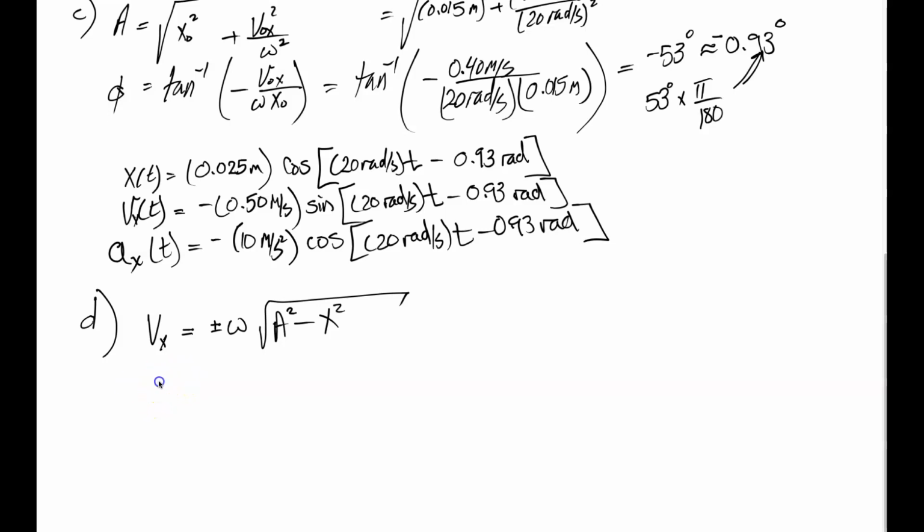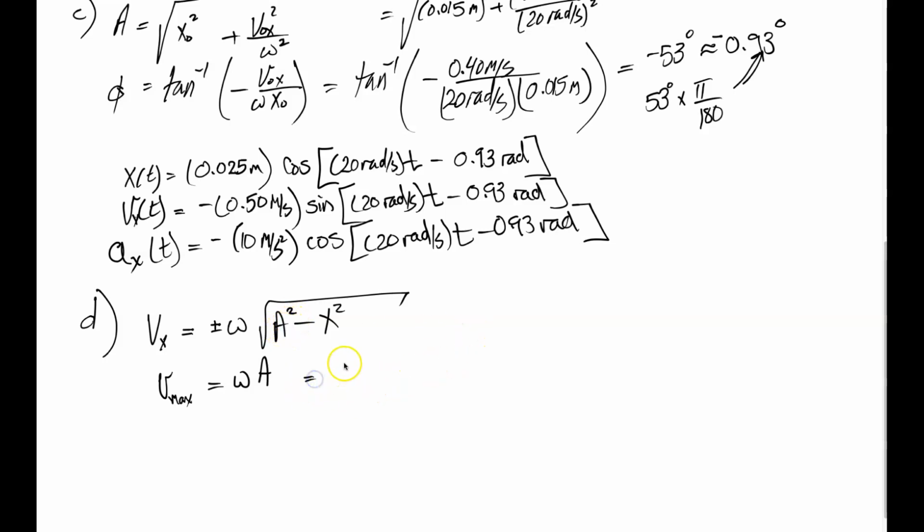And notice that if I want the maximum of this value, that means that x has to be 0, right? So if I'm looking for the maximum value of the velocity, that's going to be omega a actually, right? Because if x is 0, I get omega times square root of a squared, which is a.